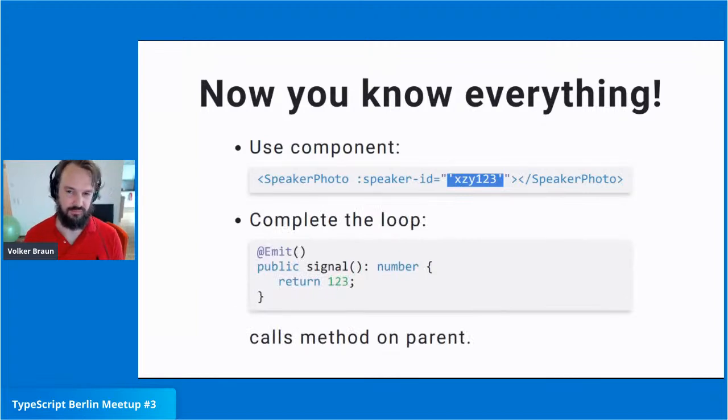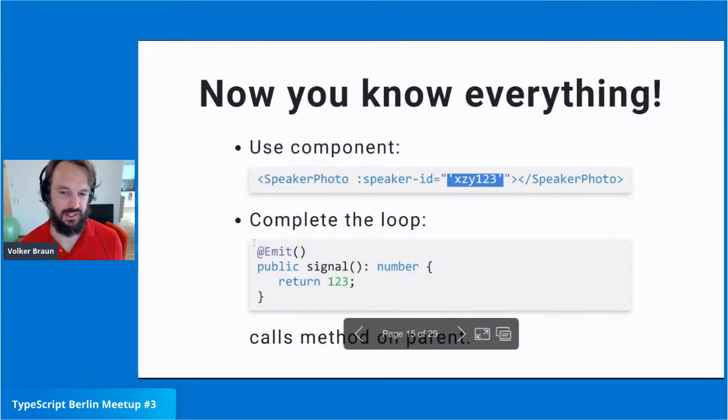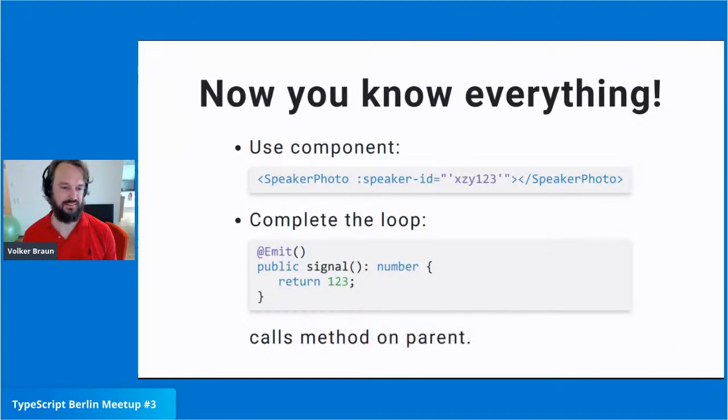To complete the loop, you also need a way to get events out of the component. So in addition to @Prop, there's @Emit for emitting things, and it doesn't really do anything interesting except call a method on the parent. But that way you have data passing in with @Prop and data signals being emitted with @Emit. Great.